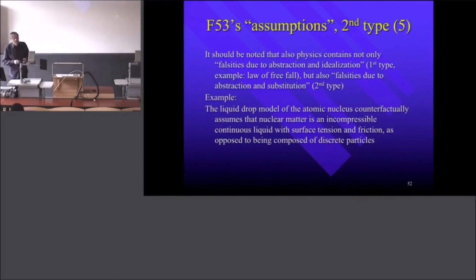The example was developed in the 1930s, when atomic nuclei, discovered in the early 1900s, were being studied, and people tried to understand what atomic nuclei do. From our point of view today, atomic nuclei are mainly composed of neutrons and protons, and there are other particles that glue them together, but they are mainly neutrons and protons.